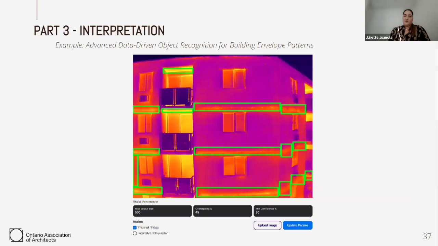So this is an example of an advanced data-driven object recognition type of model. You can see that this model is really meant to detect thermal bridges on the building envelope. You can tell that it's recognizing most of them, even the mildest ones. It is interesting to note that building operators can play with the level of confidence to only highlight the thermal bridges that they are interested in.